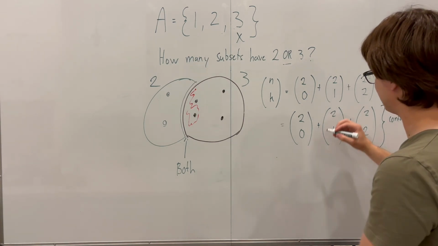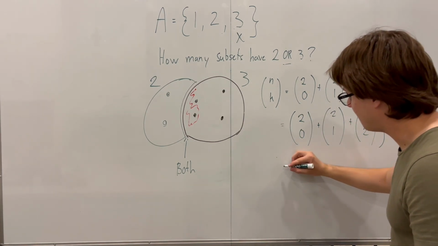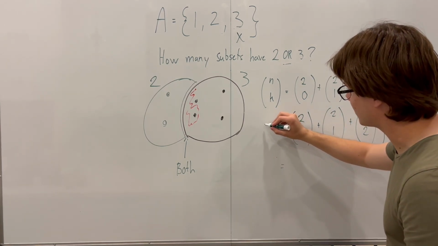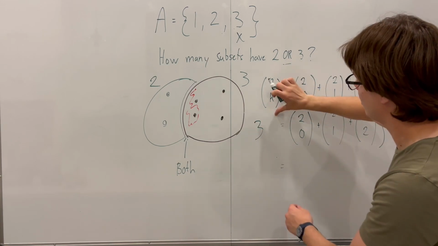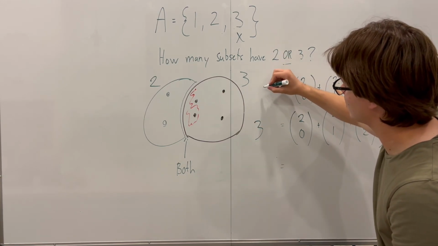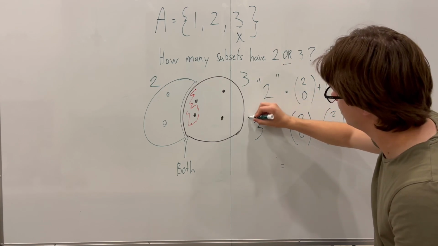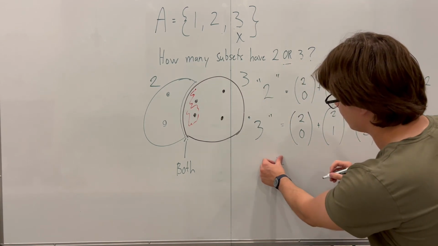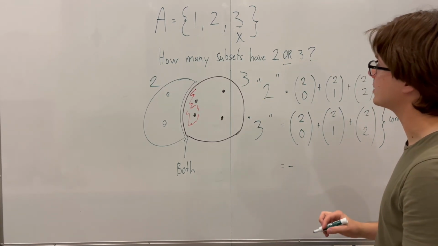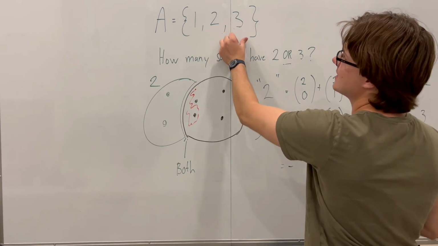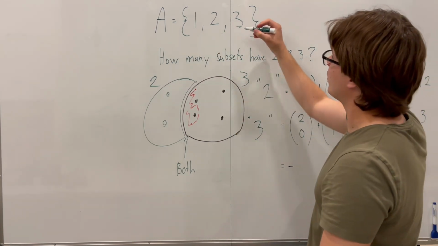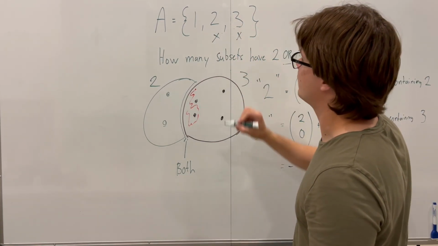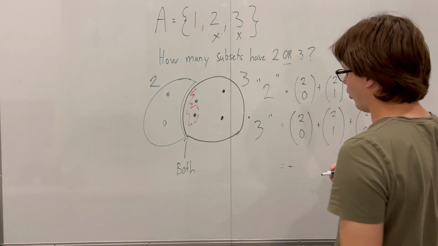So our answer is going to be these 2 minus, so this is going to be a different thing, so we're going to say, we'll just label this 3, we'll label this up here as 2, these are just going to be labels, and then this is going to be minus, so because we're looking for sets containing both of them, we want to fix both of these variables, which means we only have one choice.